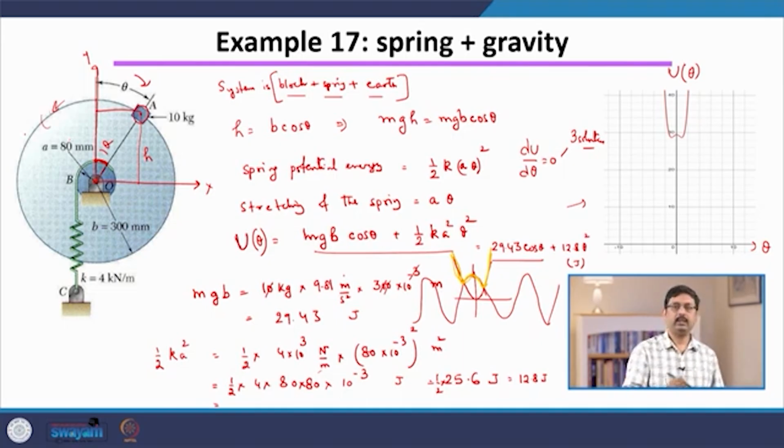So, eventually it will balance this fall and stop the fall of the block. Hence, you will get another position. So, this is the left hand side position for negative theta, and the other one is the right hand side position for positive theta.